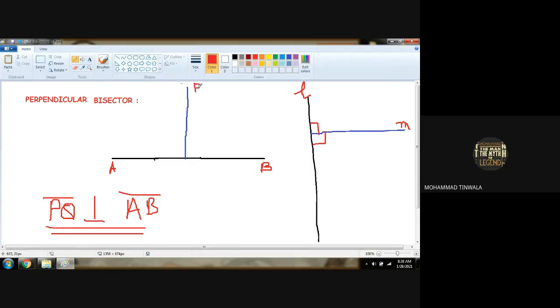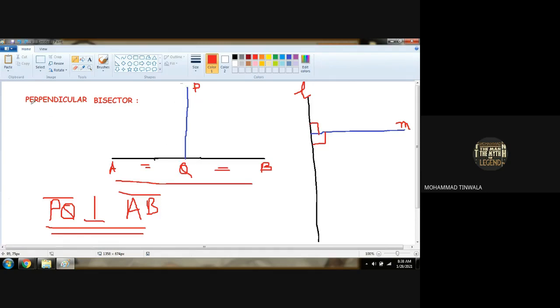So where AQ will be equal to QB. Are you getting it? And line segment AB will be equally divided into two parts. This line is known as perpendicular bisector. Perpendicular line is what it is called, but perpendicular bisector means what?